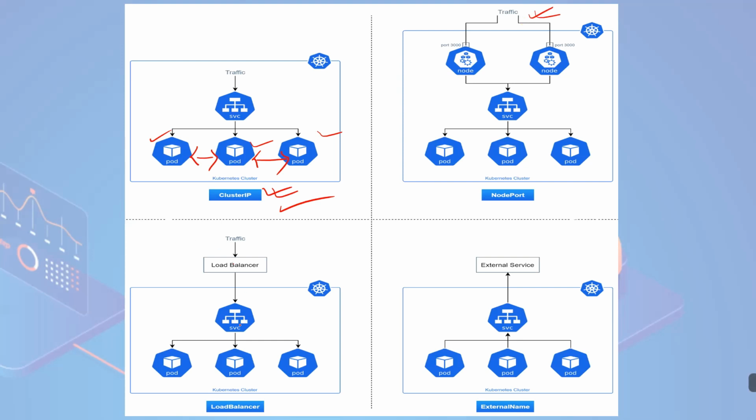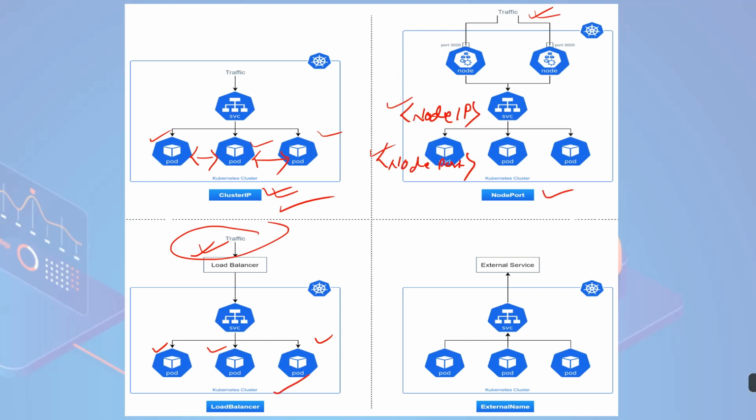And here the load balancer is used, and this load balancer distributes the traffic between these three pods, and we can also access our application from outside. In this video we will demonstrate the NodePort and the load balancer.